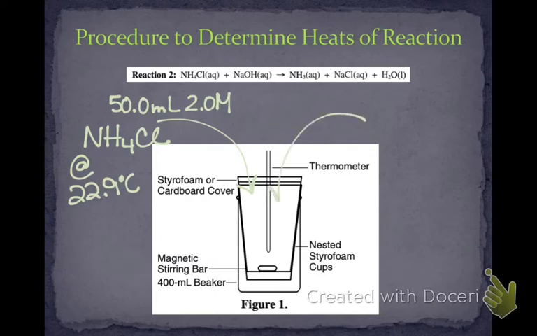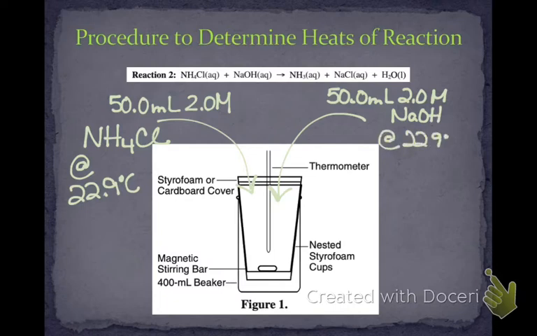The other thing that we're going to add to this is our 50 mils of our 2 molar sodium hydroxide solution, and this is also at 22.9 degrees C. So that's our initial temperatures.